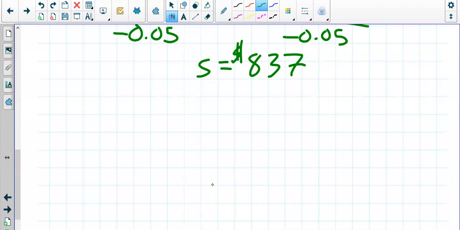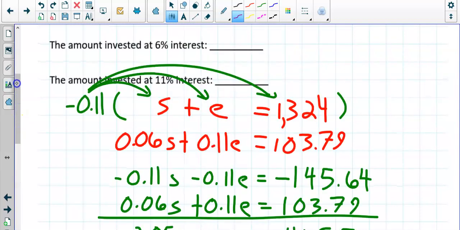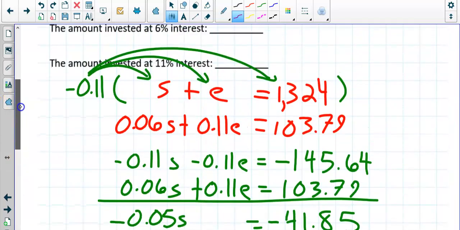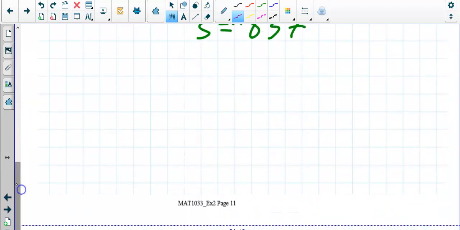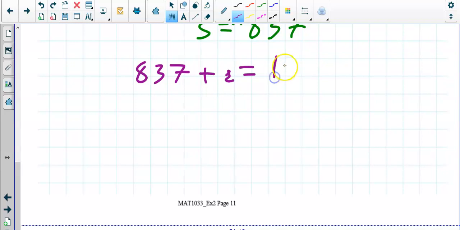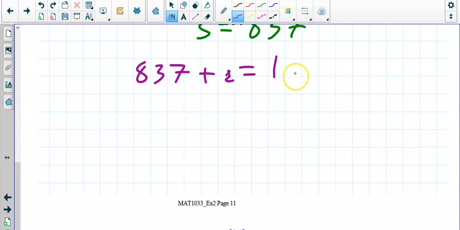How do I figure out the 11%? Who would be the easiest one to plug into? The top one, just like last time. So we got $837 plus E equals 1,324. And that's my E. So how do we solve this?